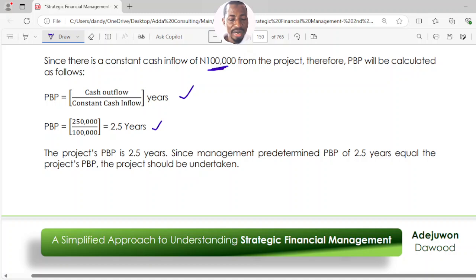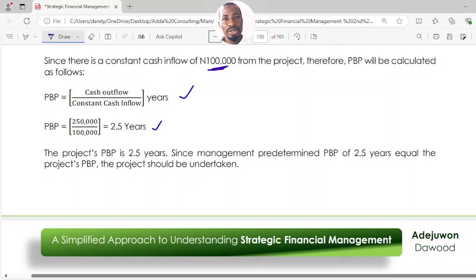So I need to advise. Examiner is asking us to advise whether the project should be accepted or not. So the project's payback period is 2.5 years. Since the management predetermined payback period of 2.5 years is equal to the project's payback period, the project should be undertaken.